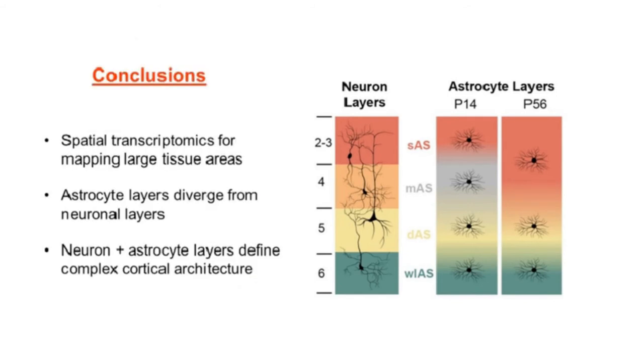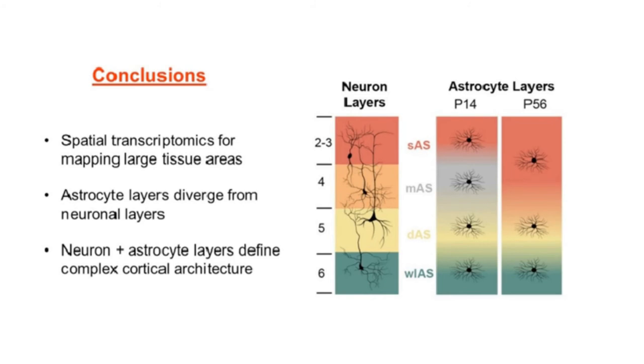So to sum up what I've told you today, I presented data on the development and validation of a new spatial transcriptomic pipeline, LabMap, for mapping large tissue areas. Using this pipeline, I showed you that astrocyte gene expression is diversified throughout cortical layers, and these astrocyte layers are divergent from neuronal laminae.